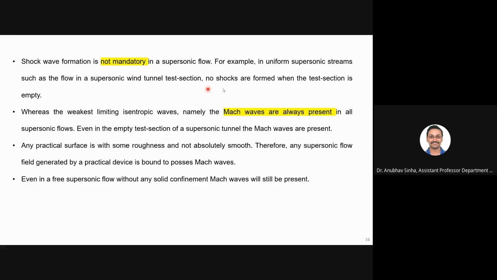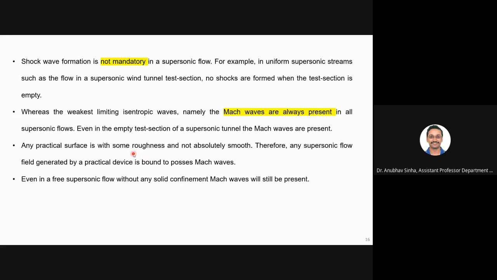Then you will not see shock formation in supersonic wind tunnel test sections. On the other hand, Mach waves are generally present. Whenever you have a supersonic flow, Mach waves are generally there. Even for this very standard condition, you will have some Mach wave, because any surface will have some roughness.